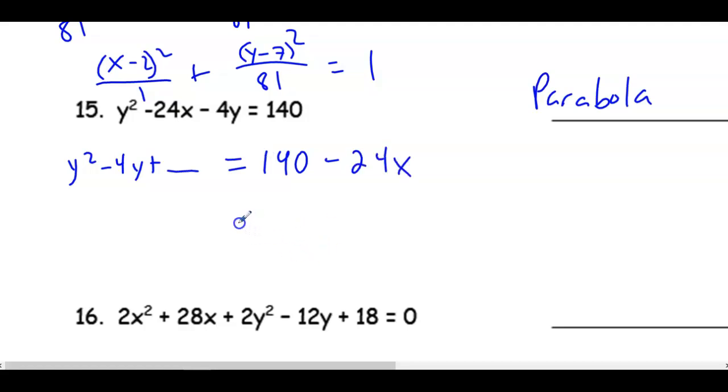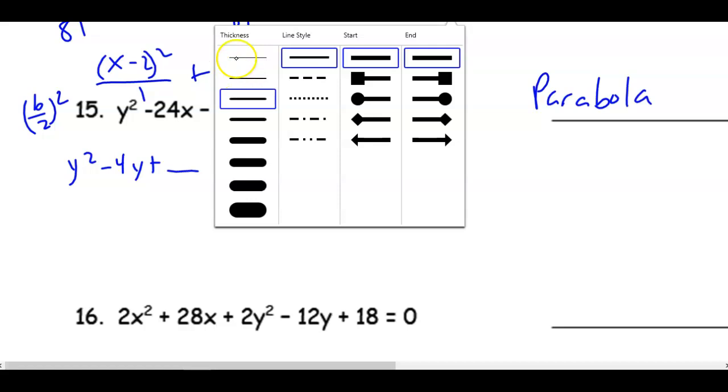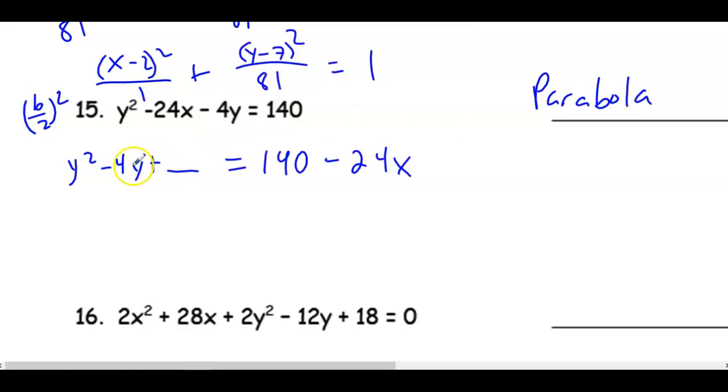Now complete the square. It's still using b divided by 2 squared. Negative 4 divided by 2 is negative 2. Negative 2 squared is 4. So plus 4 on this side too. Gotta add it on both sides. Then we factor that. That's y minus 2 squared, because negative 4 divided by 2 is negative 2.